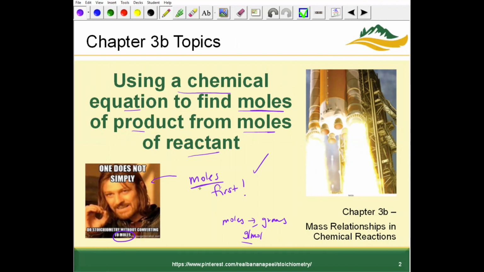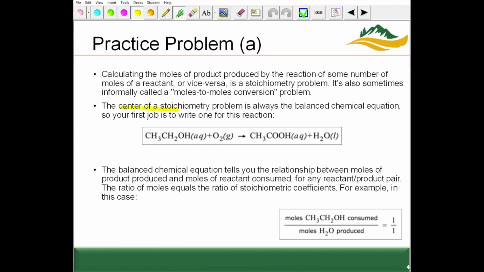Coming back here, we're going to convert into moles. And another super important detail here is we have to be working with a balanced equation. We have to have a reaction be balanced first before we do these stoichiometry problems. So again, at the center of these stoichiometry problems, we have to have a balanced chemical reaction.